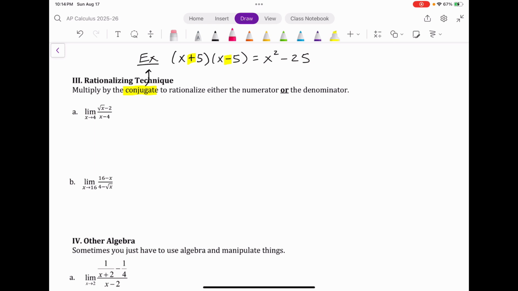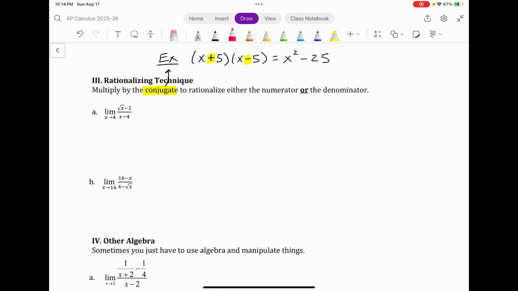So on part A, if we're trying to take the limit as x approaches 4 for that function, you still try to do direct substitution if you can. And so if you plug in 4, you will get 0 over 0. And so the algebra we want to apply is we want to multiply, don't forget the limit notation, the fraction by the conjugate of the numerator, because that has the radical.